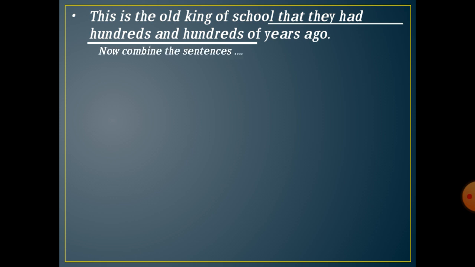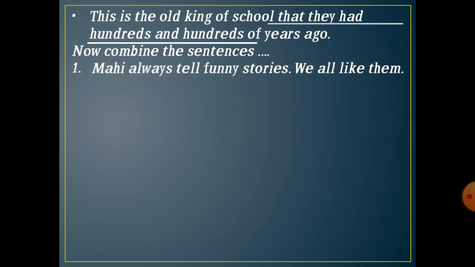Now we will combine the sentences. There will be two different sentences, and we will combine them with a suitable relative clause. The first one: Mahi always tells funny stories. We all like them. There are two sentences, right? So how will we combine them with the relative clause?